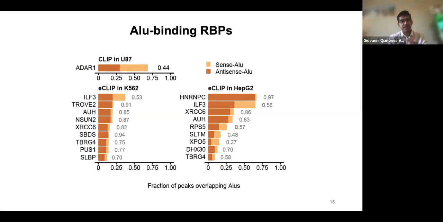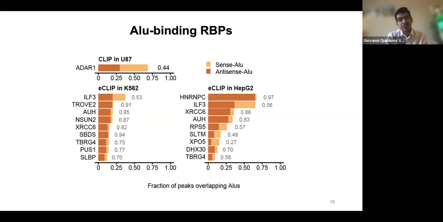So this even split is telling us that the sense sequence of an Alu is going to be different from the anti-sense. And if you are binding to either one of these two sequences, it's not the sequence that you are targeting, it's the structure, the double-stranded structure.